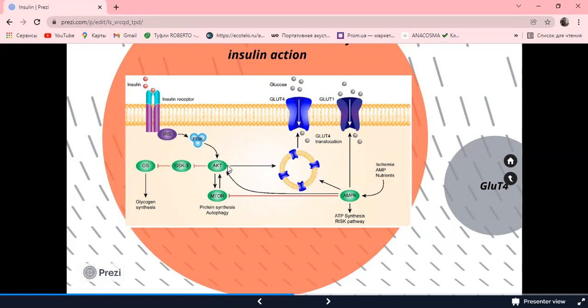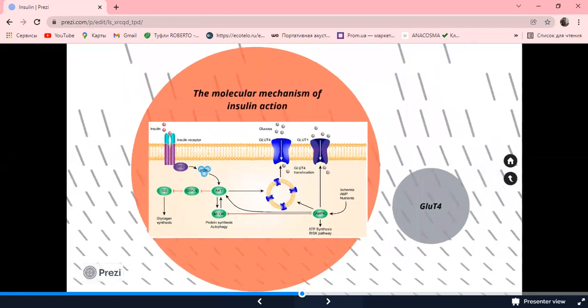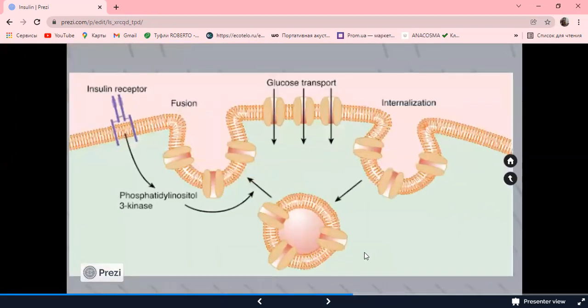And the final result of this activity is translocation of vesicles with GLUT4 to the cell membrane. And after that, the concentration of GLUT4 in the cell membrane will be increased. You can find it here.